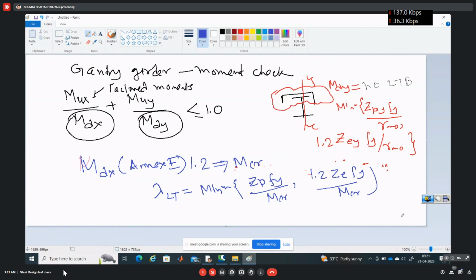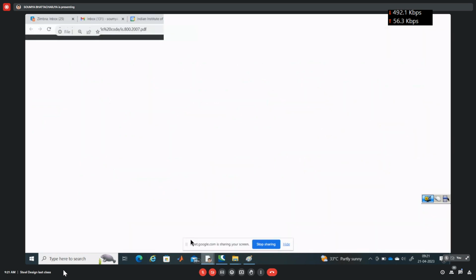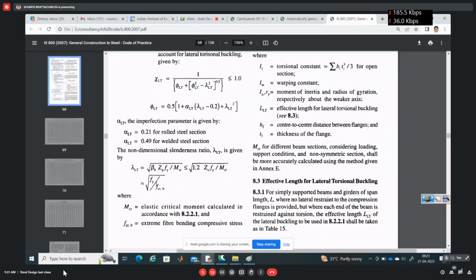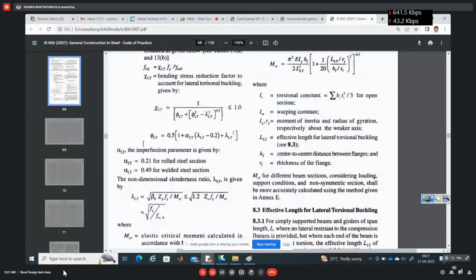So once lambda LT is calculated, we calculate phi LT, and thereafter chi LT, the reduction factor. In the imperfection factor, alpha LT will be 0.21, as it is basically a rolled section.